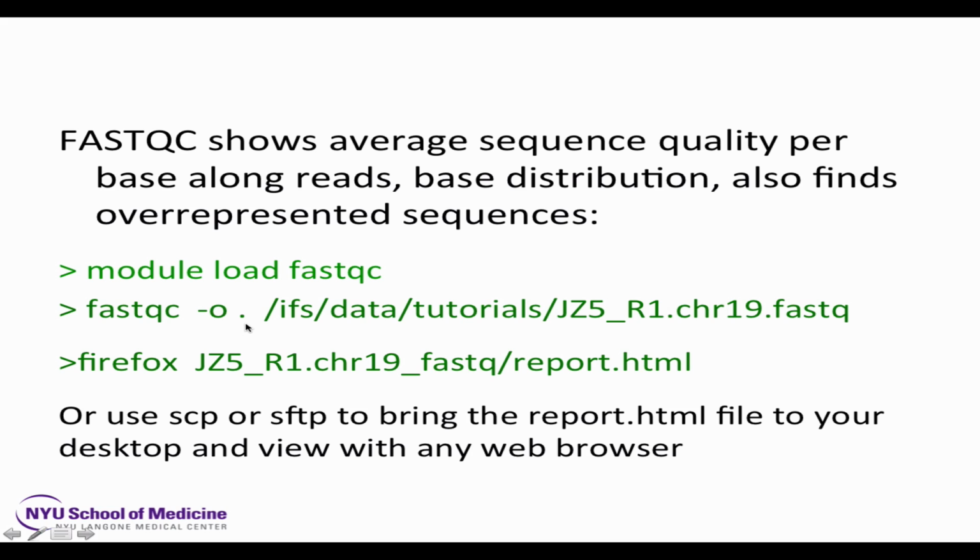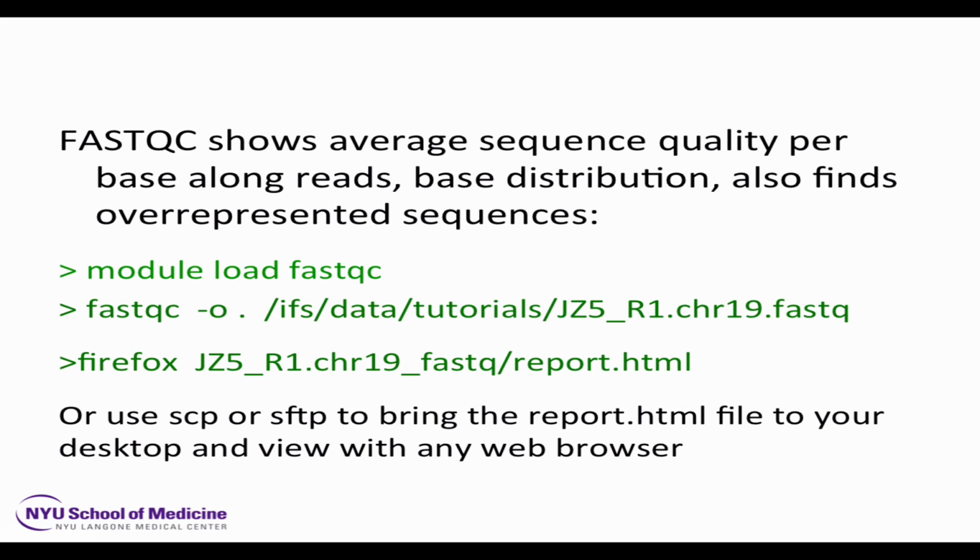FASTQC minus o dot means put the output file right here where I am currently sitting. And then you just give it the name of a FASTQ file located presumably in your directory, or in this case, in the tutorials directory. It runs its QC analysis and generates its output as HTML, a report.html file, locally in your current directory where you submitted this job.